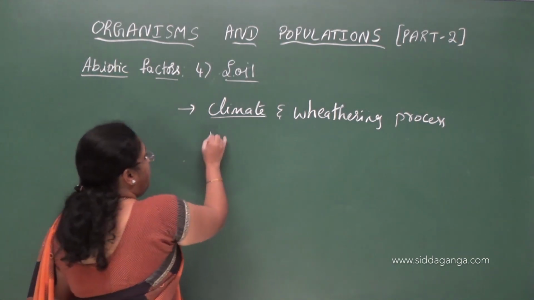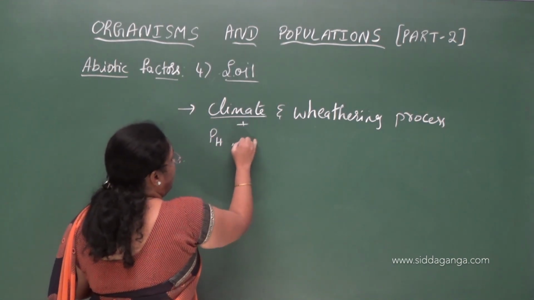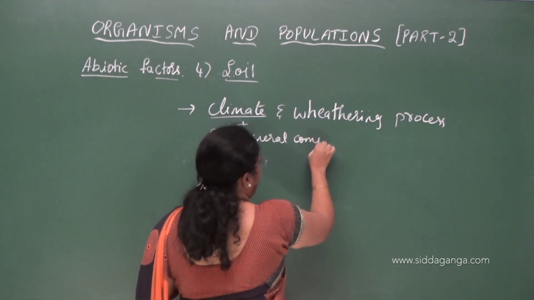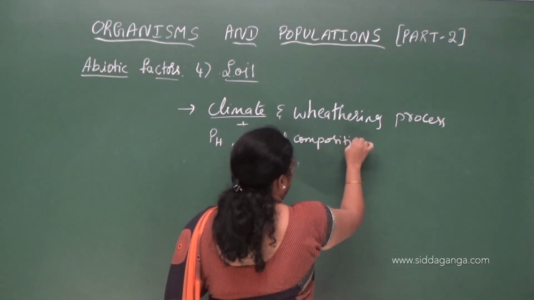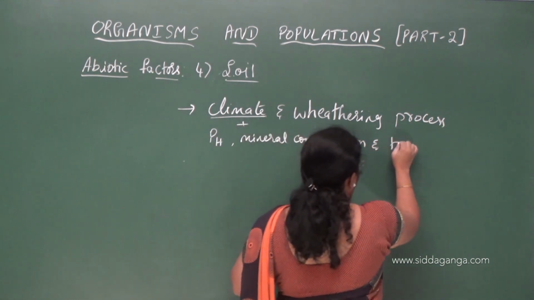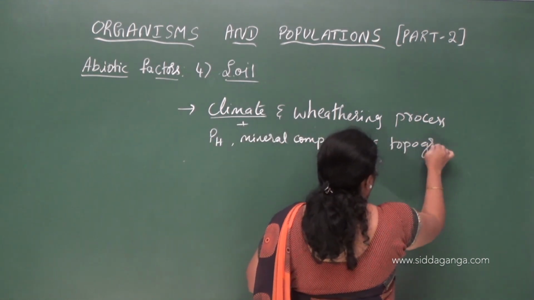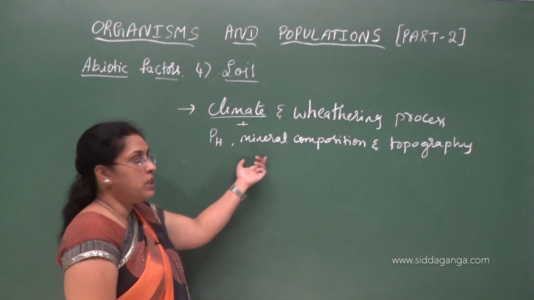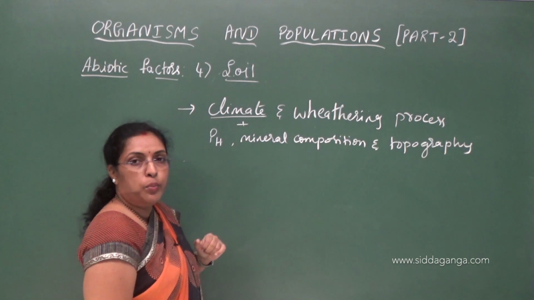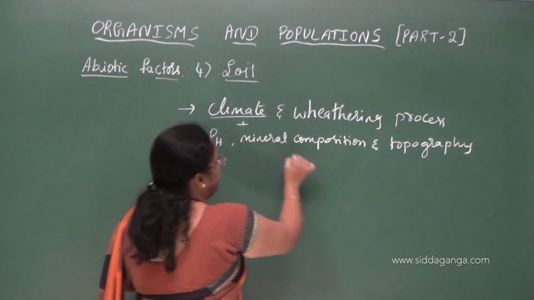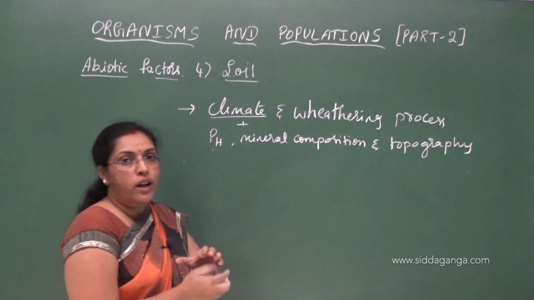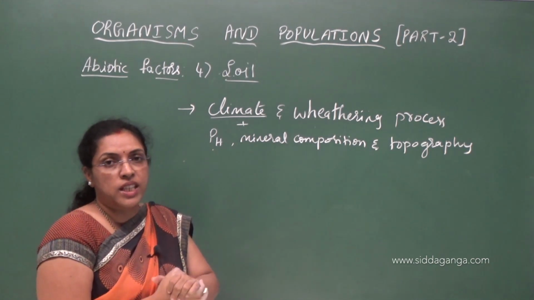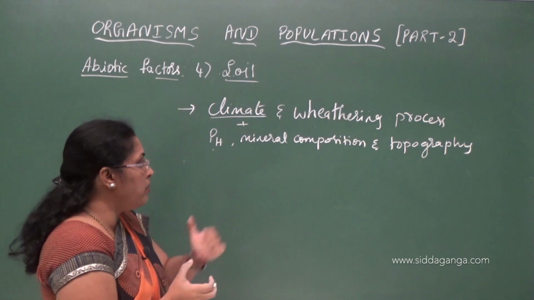With this, pH and mineral composition and topography also define it. Climate and weathering processes, pH and mineral composition and topography decide the type of vegetation present in that habitat.